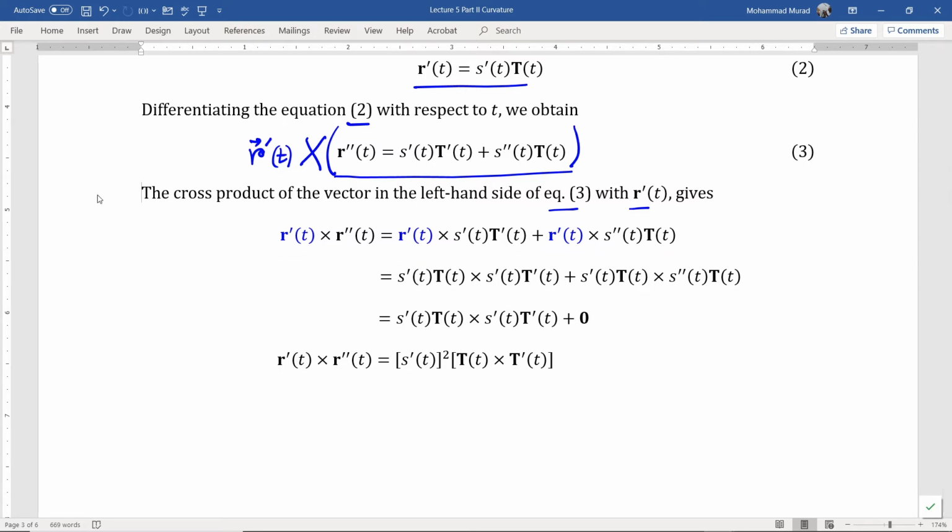Now we substitute the vector r prime from equation 2 as s prime times the unit tangent vector t. This term stays the same. Similarly, the r prime here would be replaced by s prime times t. And the term here stays the same.